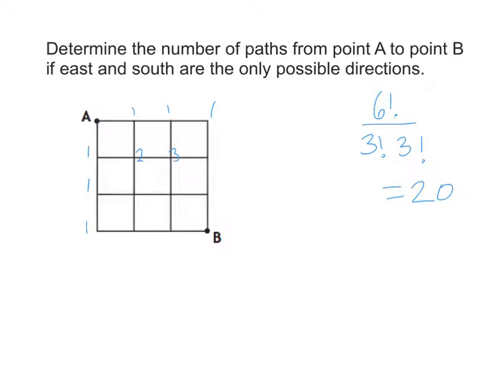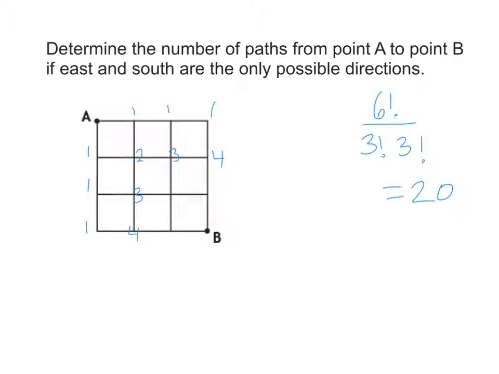What will go in this spot? 4. Because there, we're adding 3 plus 1, and we get 4. Down here, it's 2 plus 1 is 3. And here it's 3 plus 1, which is 4. What about this spot?